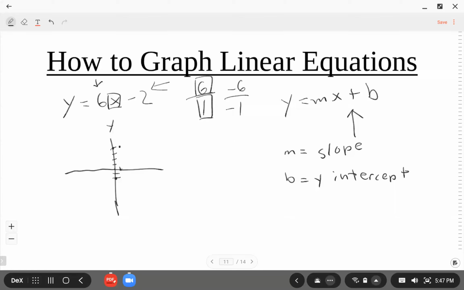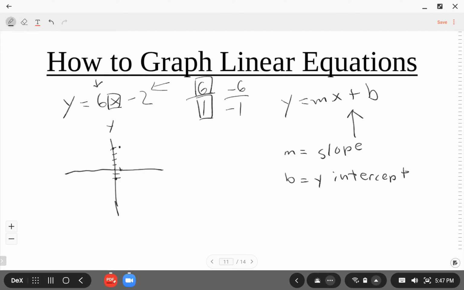So now let's graph -6 over -1. Okay. So usually you can just graph the line with 2 points, but I like to do it using 3 points. And this way you can include the other slope too.